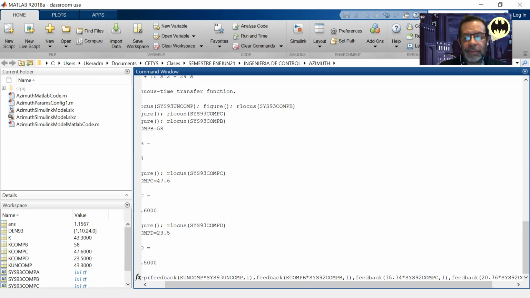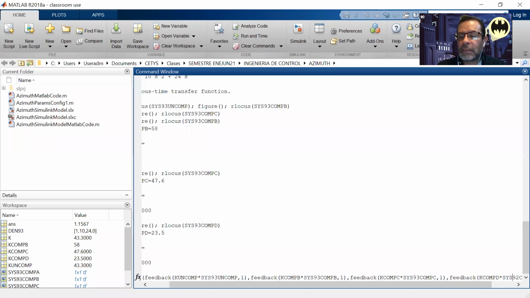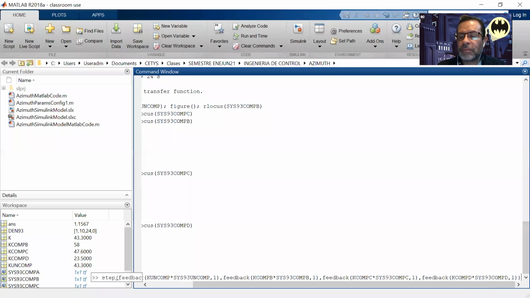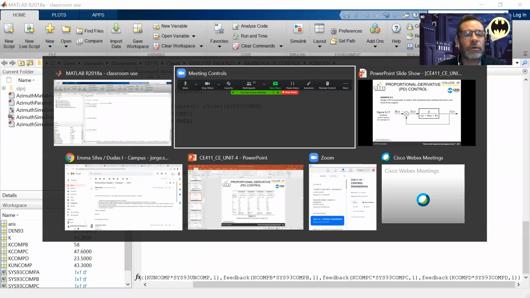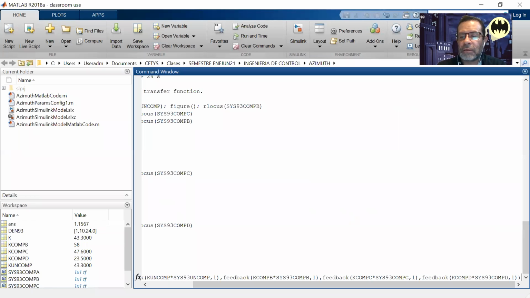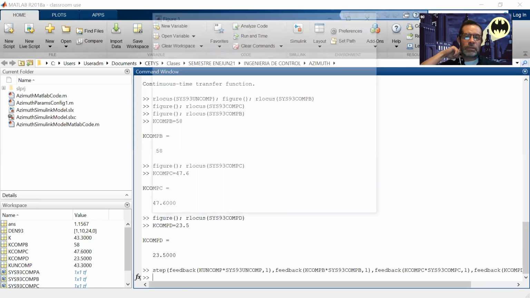K comp B times sys 93 comp B. Copy pasting is really dangerous, kids. Hope I don't make a mess here. K comp C, but it's being recorded so you can look at it there. And then K comp D times sys 93 comp D. And let's look at all of those graphs together and see which one looks better.